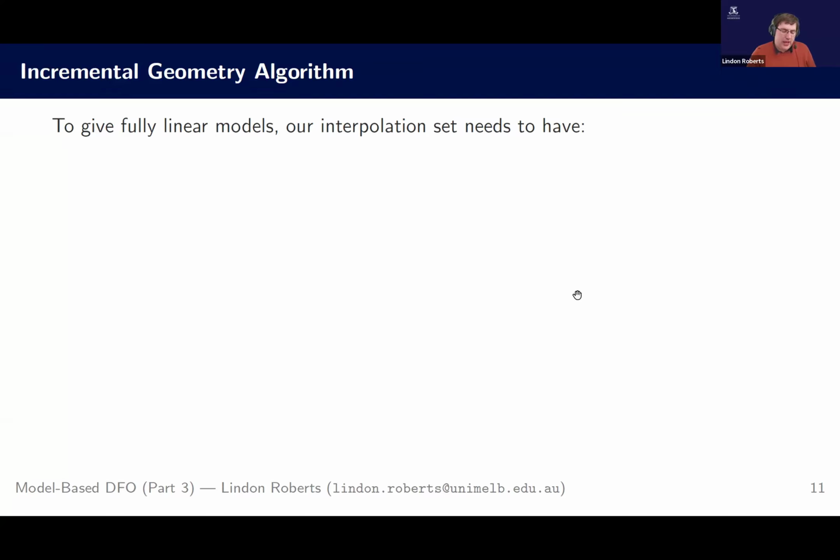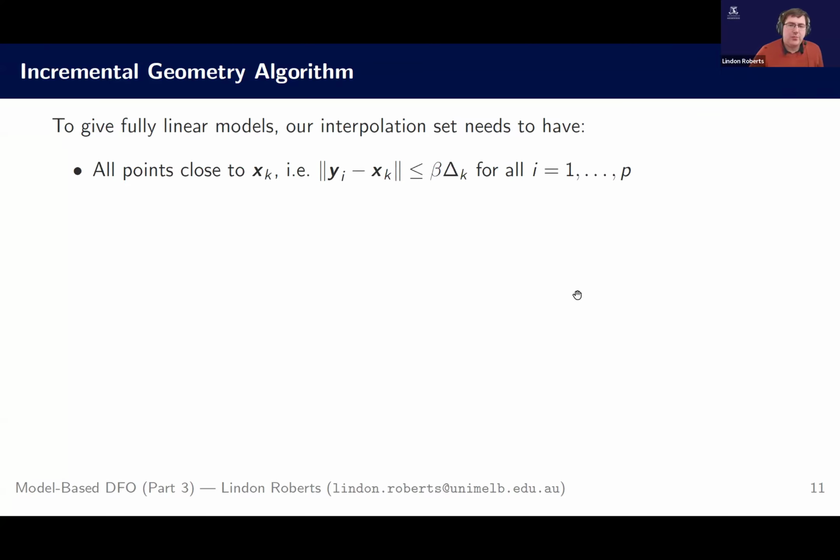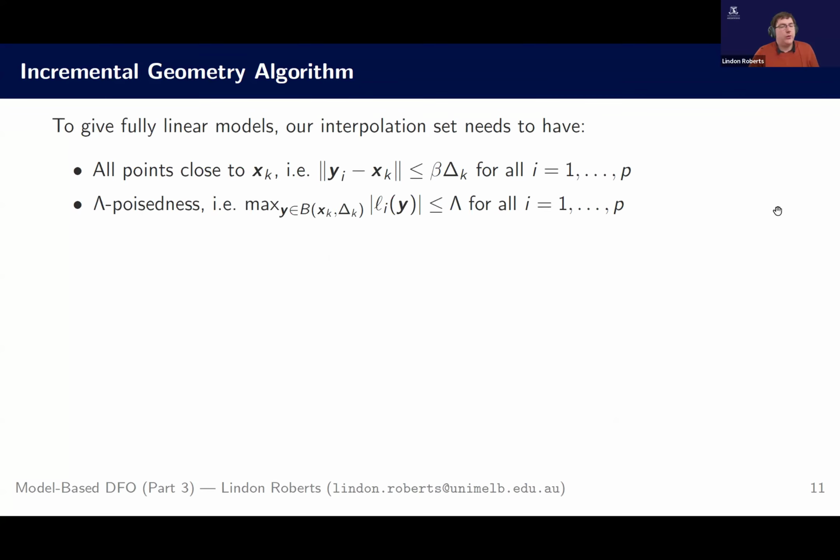Now, if we go back to how we're building our model, for our interpolation set to be good, what our theory says is we want all of our points to be close to our current iterate. So we had something that said it has to be within order of magnitude delta distance away from our current iterate. Now we also know that we want our points to be lambda poised, so our Lagrange polynomials can't be too big. So this is what we want for fully linear models.